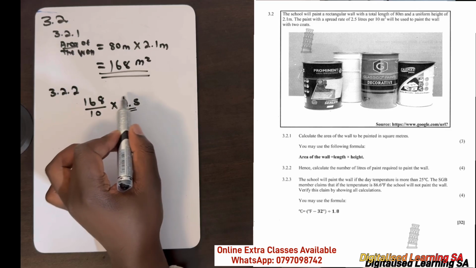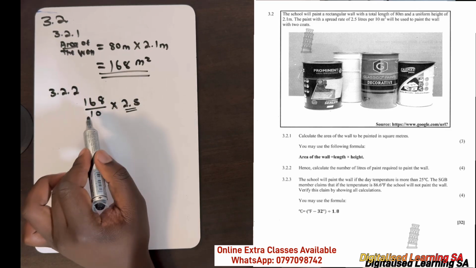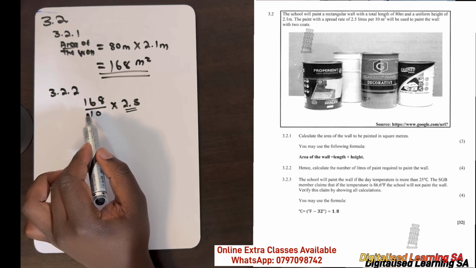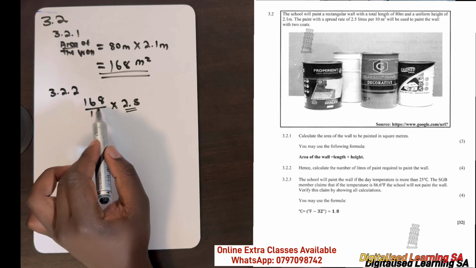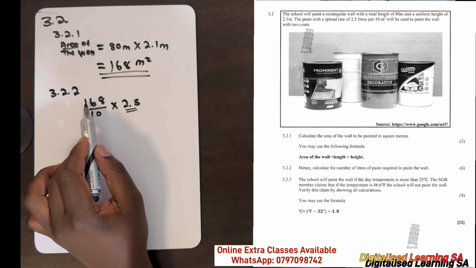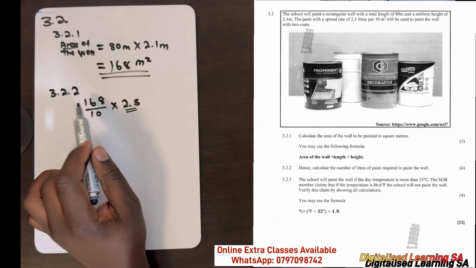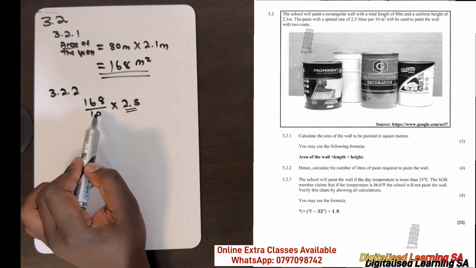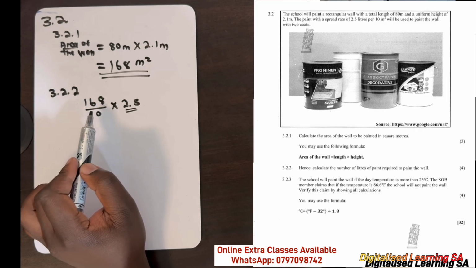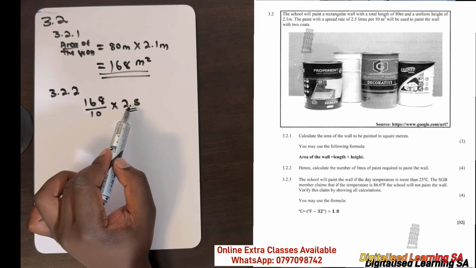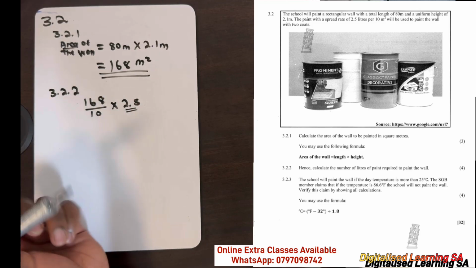So this is the liters of paint to paint 10 square meters. That's why we took the 168 and then divided by 10, because for every 10 square meters we will use 2.5 liters of paint.